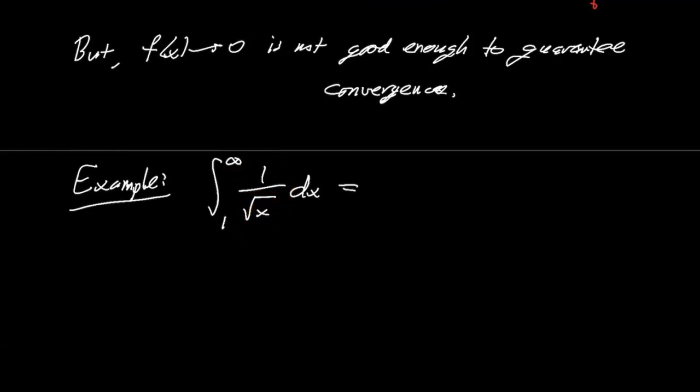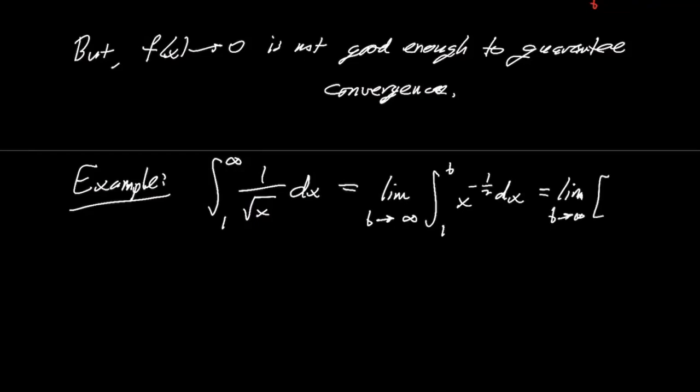So this equals, by definition, the limit as b goes to infinity of the integral from 1 to b of x to the minus 1/2 power dx. I'm just going to keep writing my limits here. Maybe I should have just done the integral first and then put the limits in later.